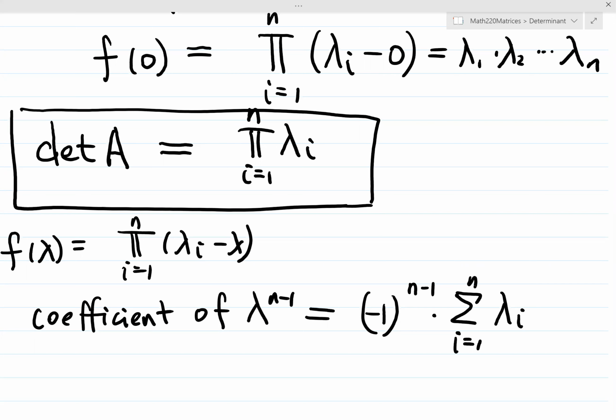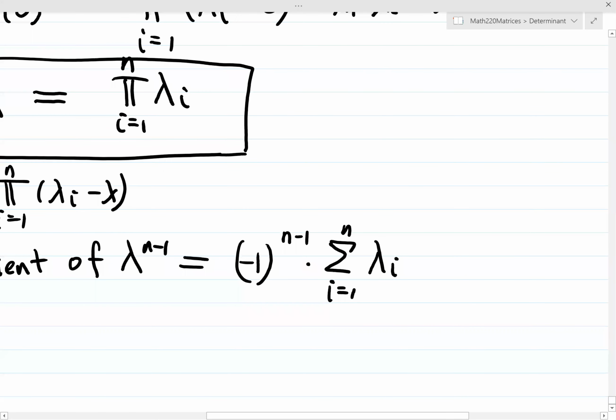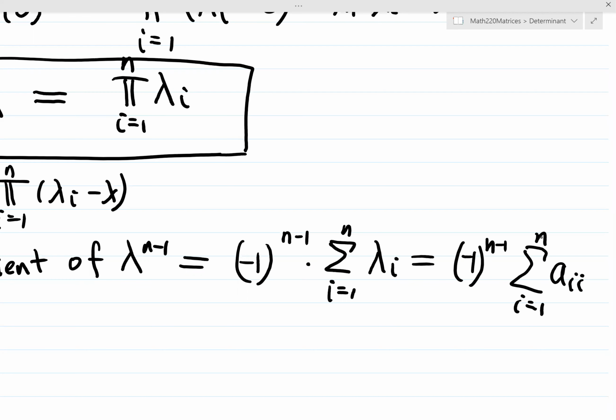Now, the sum of these lambda i equals the sum of the diagonal entries, i from 1 to n. It's not difficult to show this.